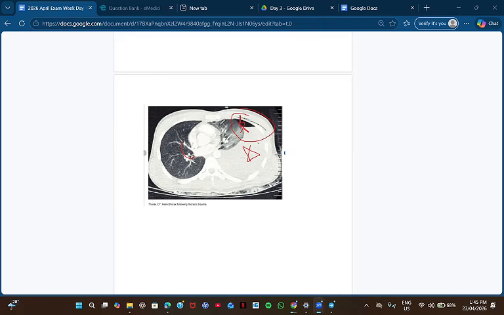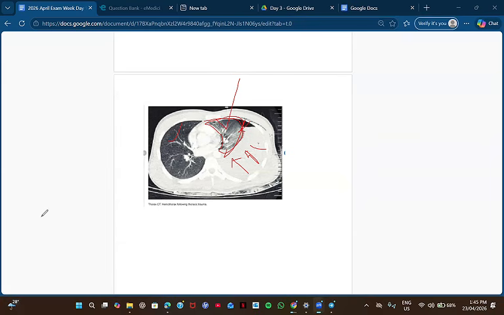So where is the lung? Here, can you see the lung is here? Due to the force from the hemothorax and pneumothorax, it has collapsed. Here is the normal one, here is the collapsed lung.